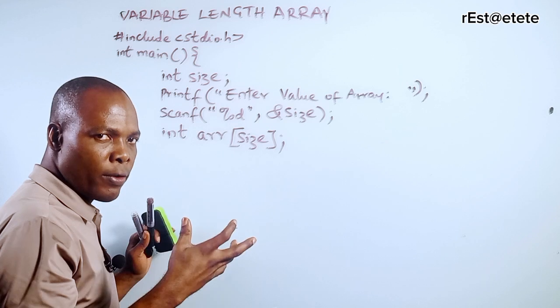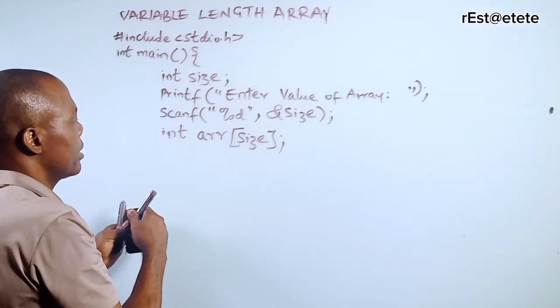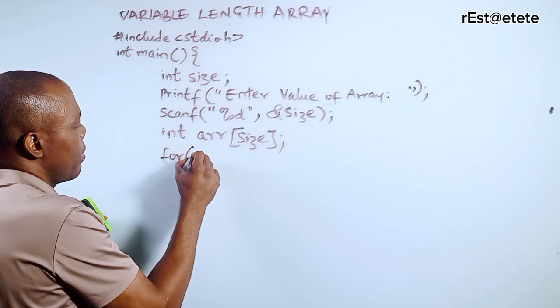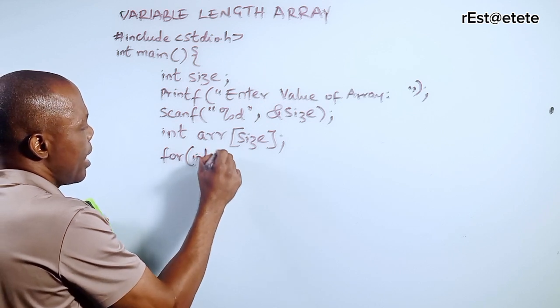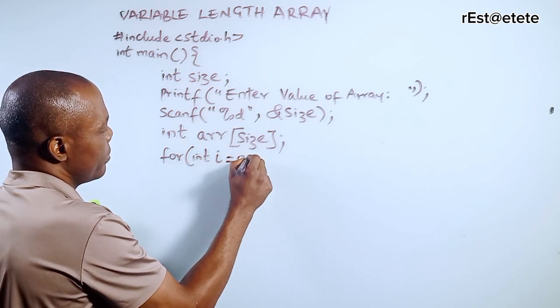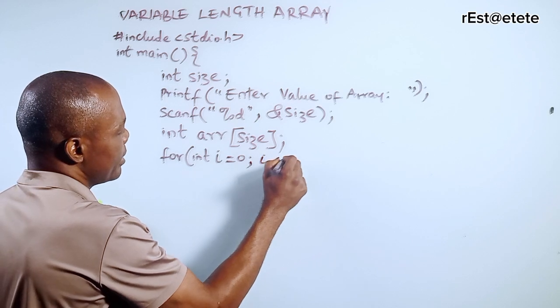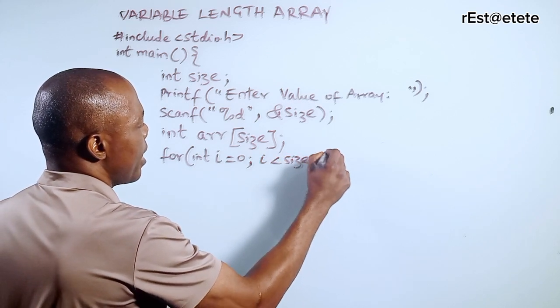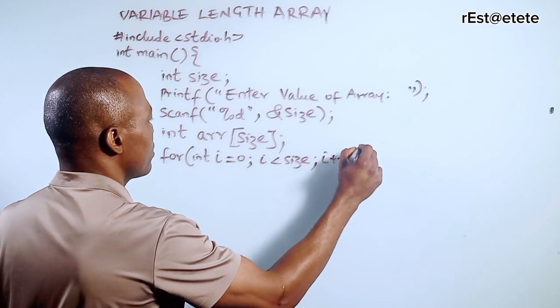I'm going to use a for loop to populate it. So I will say for int i assign 0, i less than size, i plus plus.